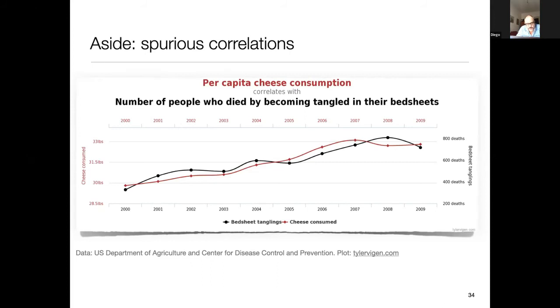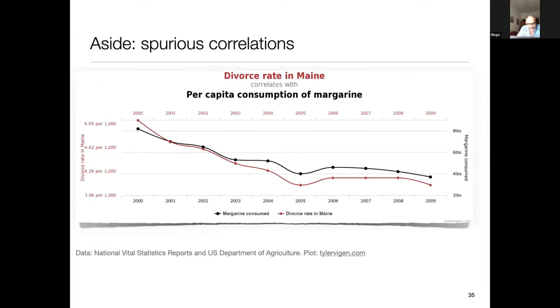You see, these two curves seem one on top of the other, but of course there is absolutely no connection between them. Or similarly, the divorce rate in Maine and the per capita consumption of margarine in the same years. You see again here a very funny coincidence of two curves.